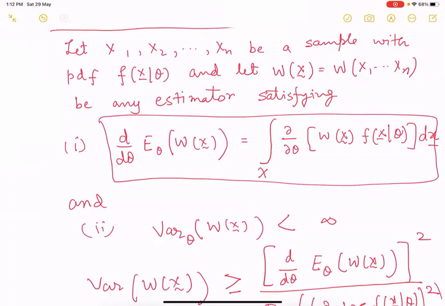Remember that this expectation is nothing but an integration. Sir, the range has to be free of the parameter.